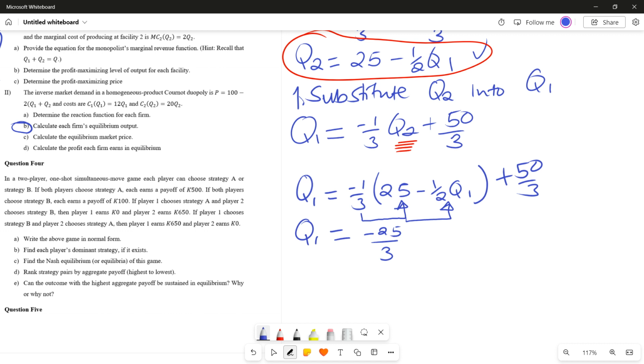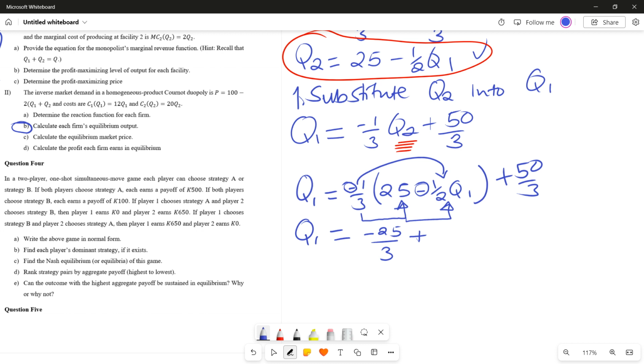Then next is to multiply by the -half Q1 there. Since the term there is negative and inside there is also negative, remember, negative times negative, the answer is positive, so this will be plus. We're going to introduce the positive sign there.